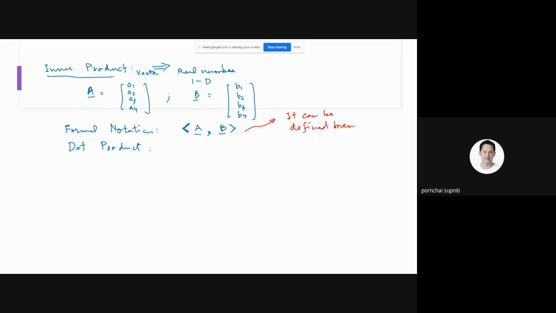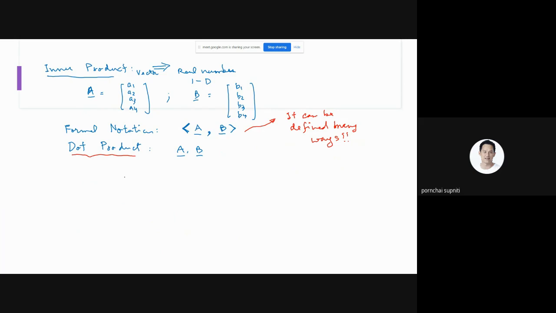One of which is the dot product, and we can write it as A dot B. That's one way of writing it.